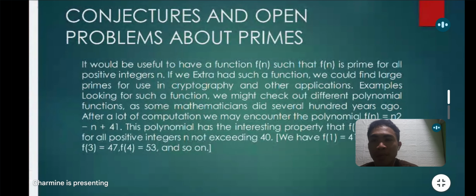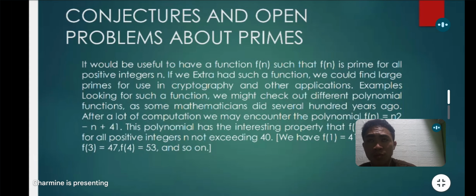Conjectures and open problems about primes. It would be useful to have a function f(n) such that f(n) is prime for all positive integers n. If we could find such a function, we could find large primes of use in cryptography and other applications. Looking for such a function, we might check out different polynomial functions, as some mathematicians did several hundred years ago.